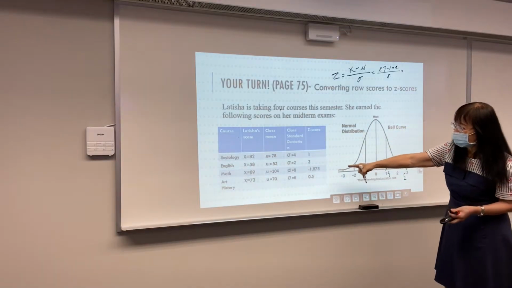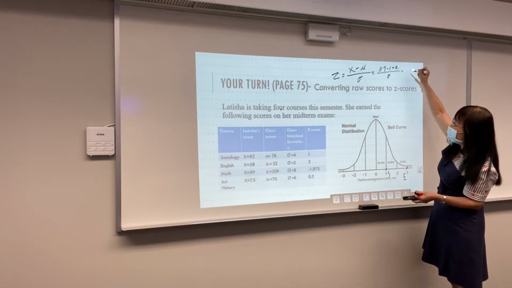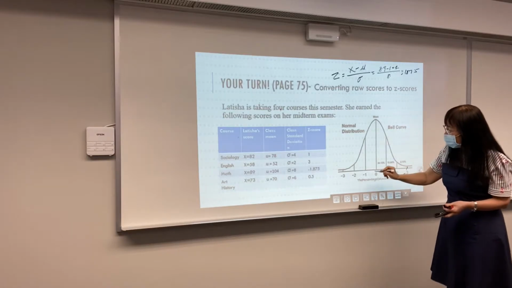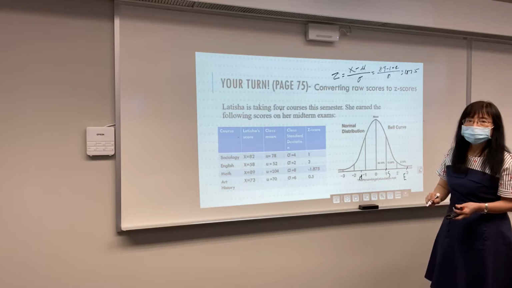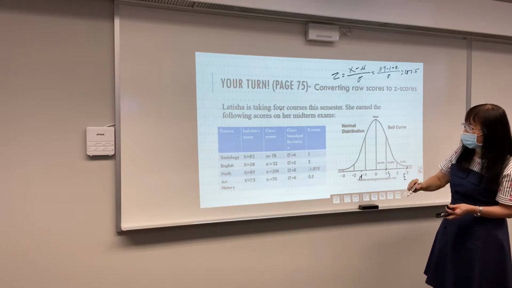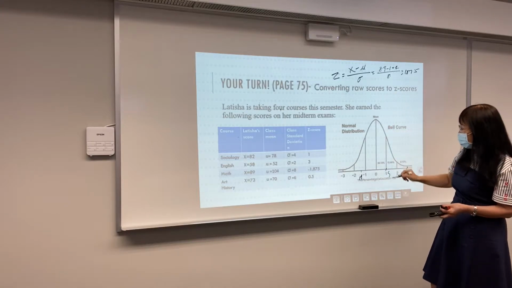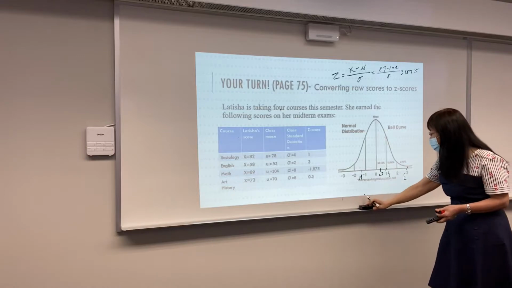You can see math actually got a negative 1.875, which is here. And then art history, if you do this calculation, you get 0.5. So this is art history.